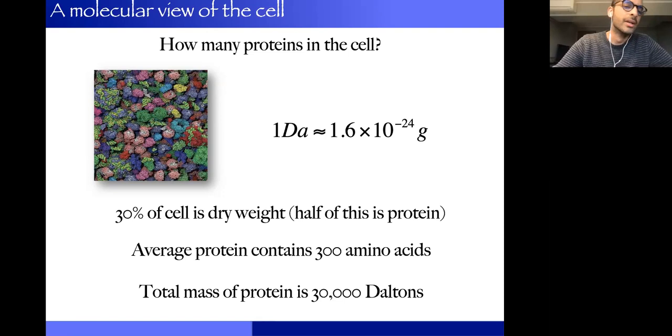So the question is, how many proteins are there in a cell? You might take a guess, or I would prefer if you actually worked it out. So let's get a whiteboard.